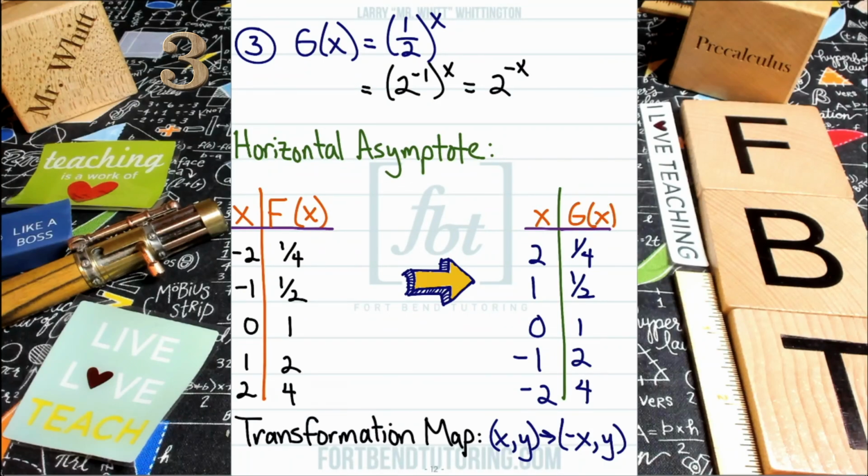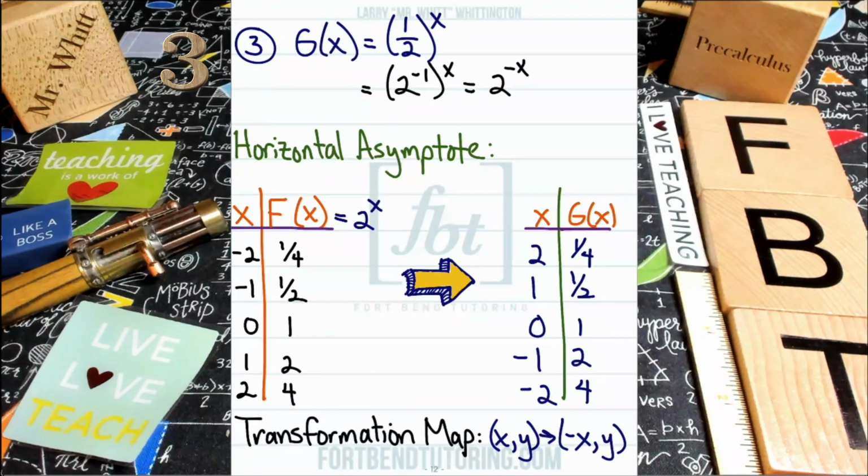This technique of graphing utilizes the transformations in order to create a new xy chart from your parent function, which was 2 to the x. Okay, so I'm going back to that original f function of 2 to the x power and using that as my basic function, my parent function, to generate the function g here.